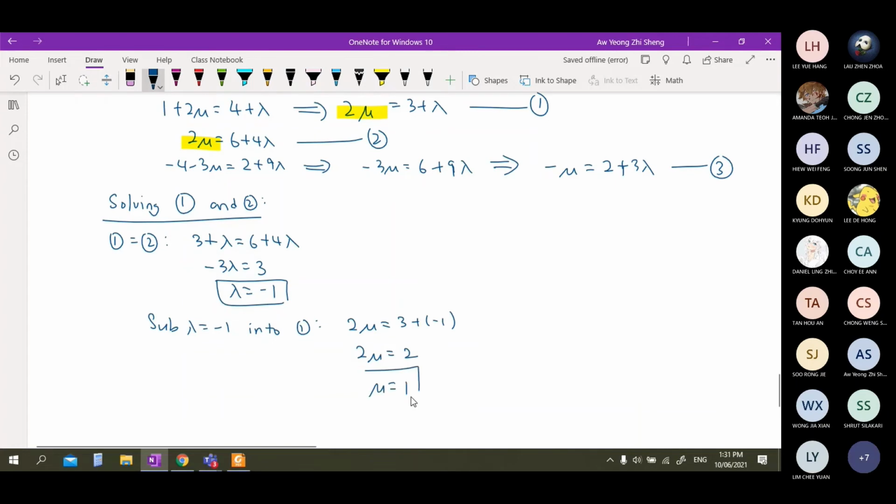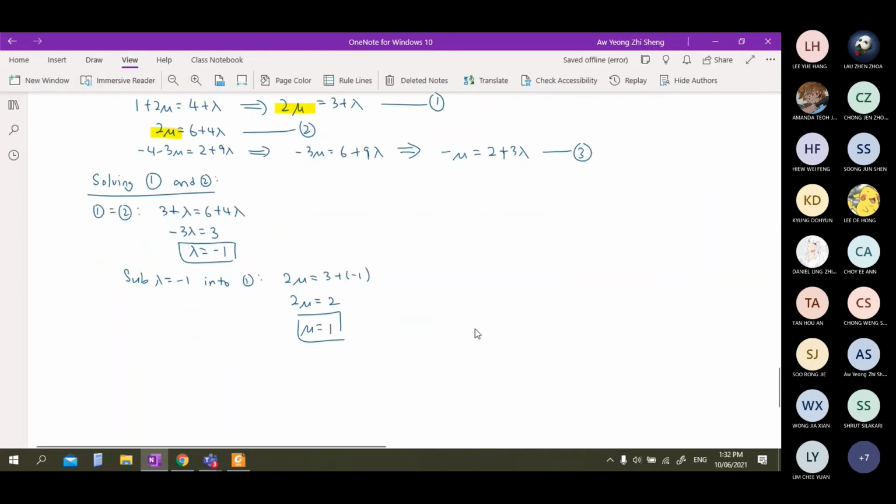Mu is equal to 1. But since we already know that the lines are intersecting, we don't have to perform checking using the third equation.